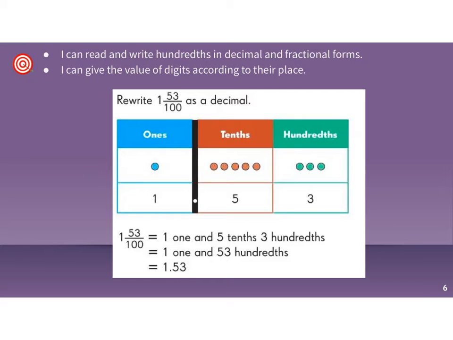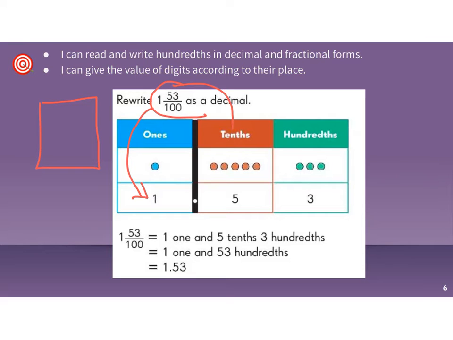So the place of each digit, as we know, represents its value. So if I have this fraction and I want to write it as a decimal, that means I have one whole, 5/10ths, because if I were to visualize a big flat, that means there would be 5 rows filled in.